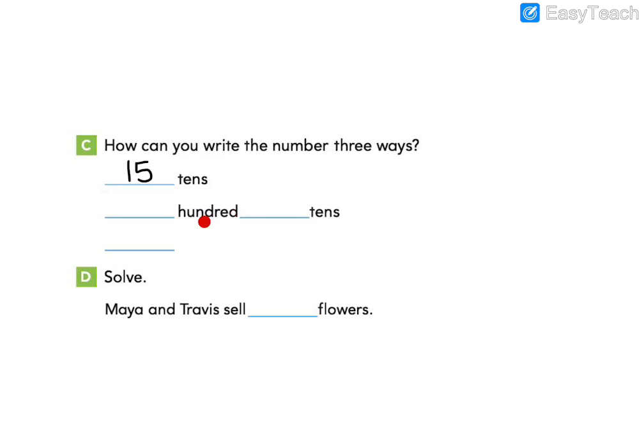Then we think about how many groups of 100 did we circle? If you wrote 1, you're correct. And how many tens are remaining? There were 5 tens remaining. So how do we think about that in the number of ones that we had? Well, we know we had 1 hundred and 5 tens. 5 tens is equal to 50.